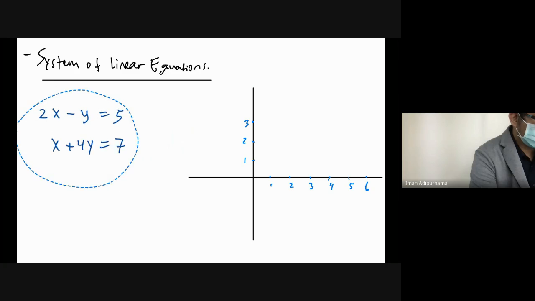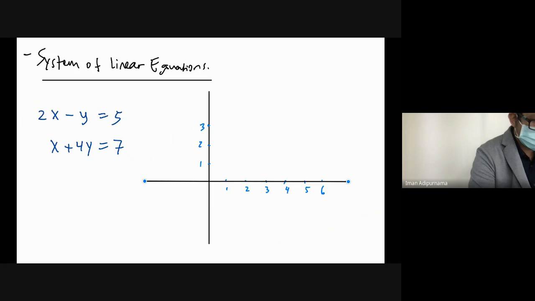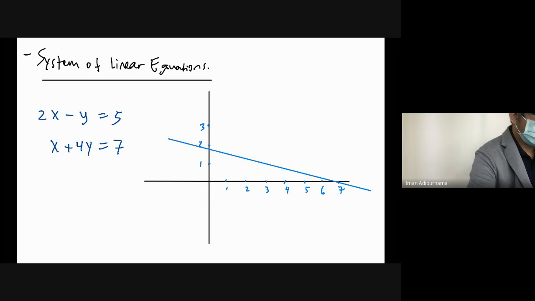Let me move this a little bit there. Okay, so I think I can make first this will be x plus 4y equals 7, and another will be 2x minus y equals 5.